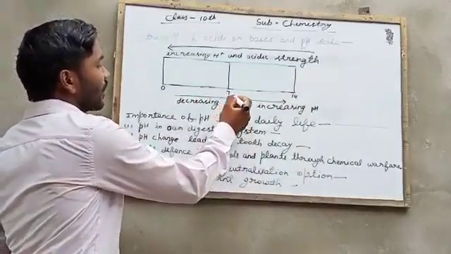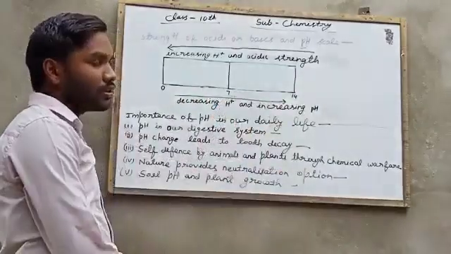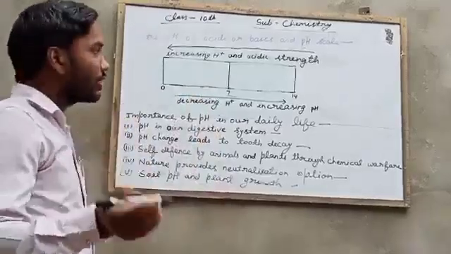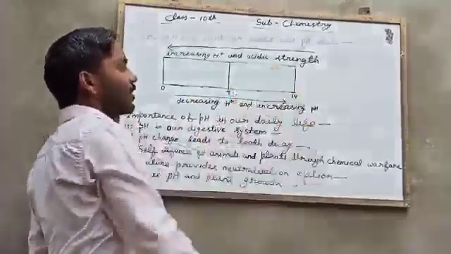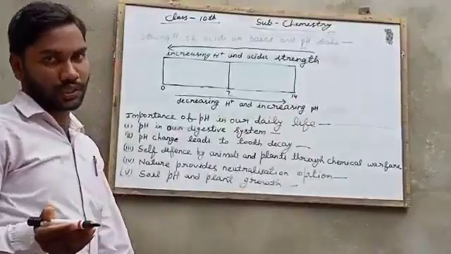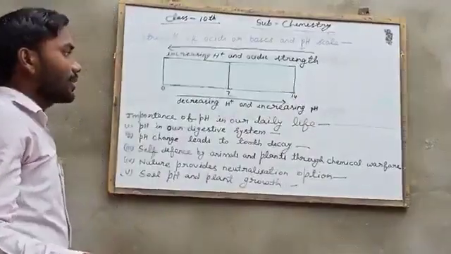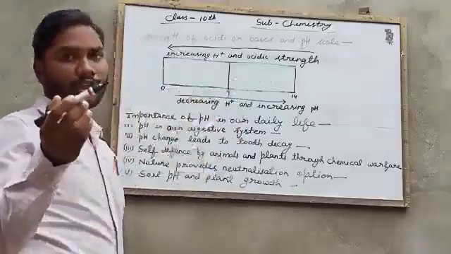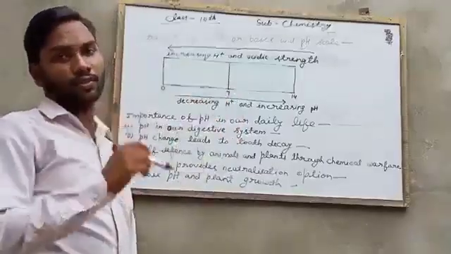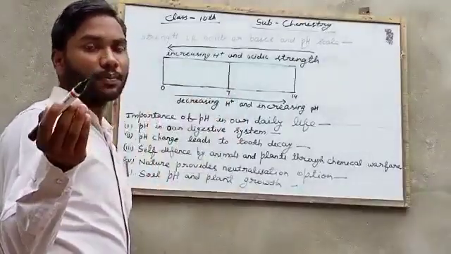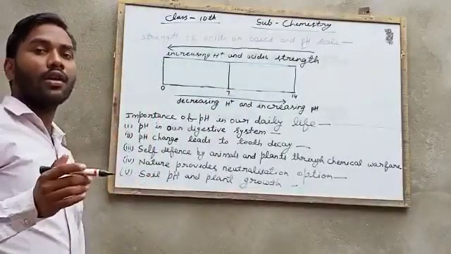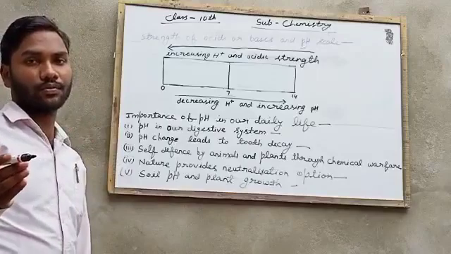The pH value 7 is neutral, less than 7 is acidic, and more than 7 is basic. In a solution, if pH is more than 7, it is a basic or alkaline solution, while if the pH is less than 7, it is an acidic solution.